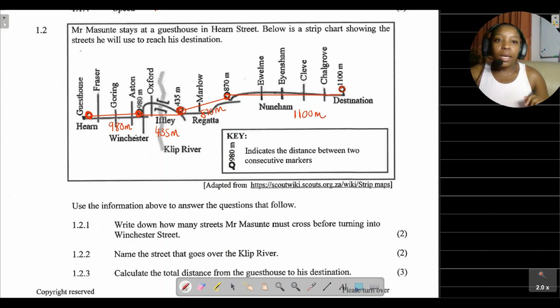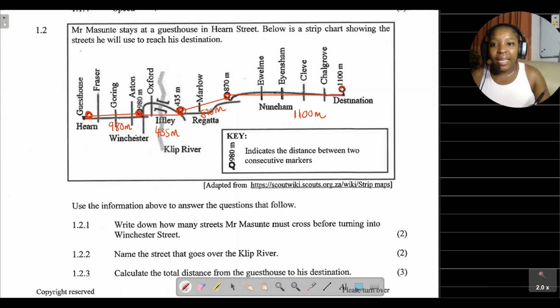So that is what's different with this strip chart compared to the previous strip charts that we are used to. And what makes us aware of that is that key. That key tells us how we need to deal with this strip chart.